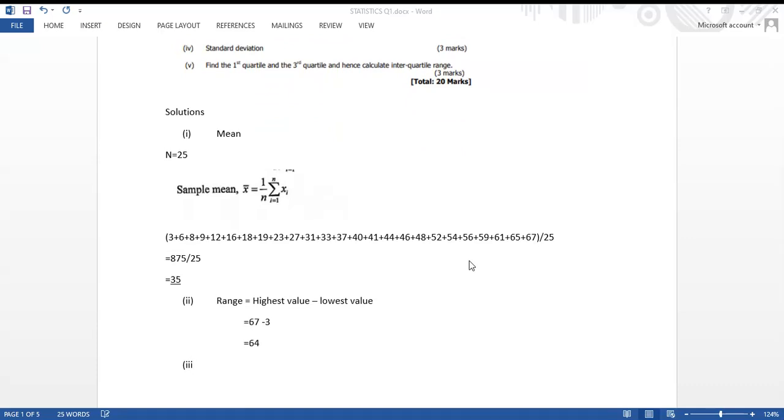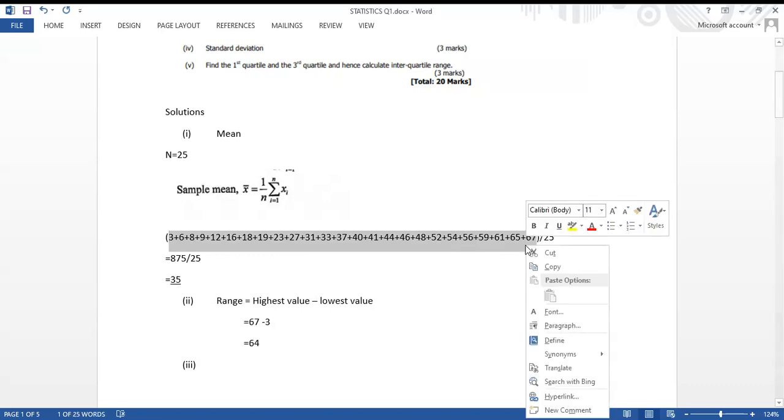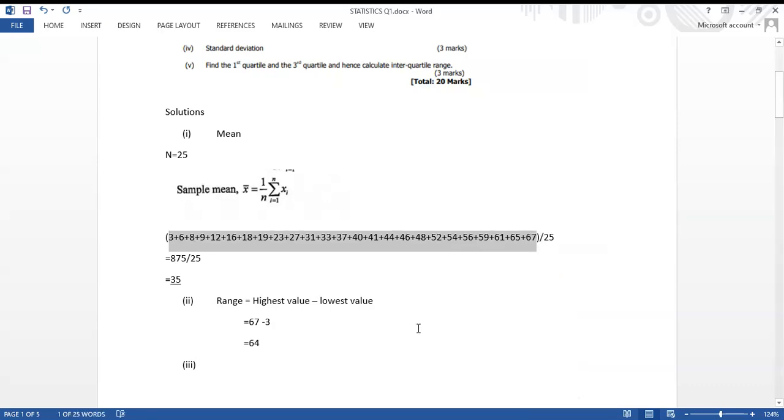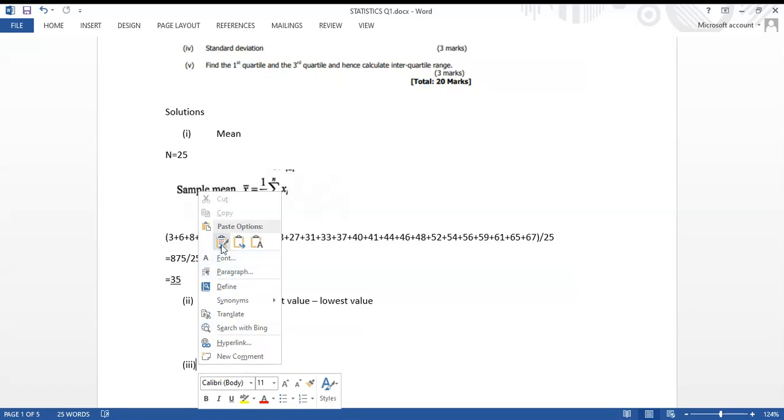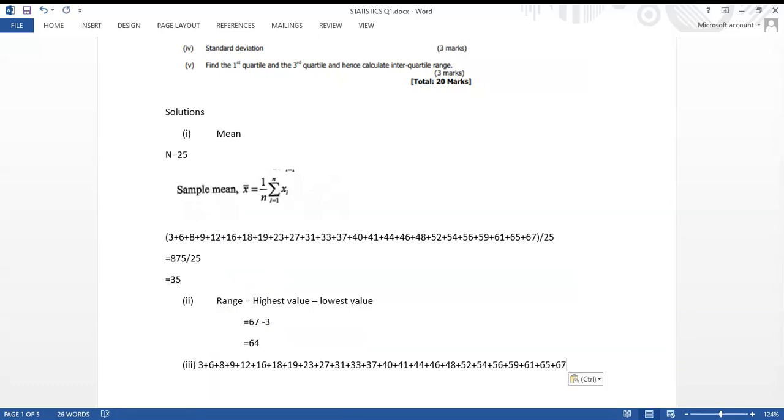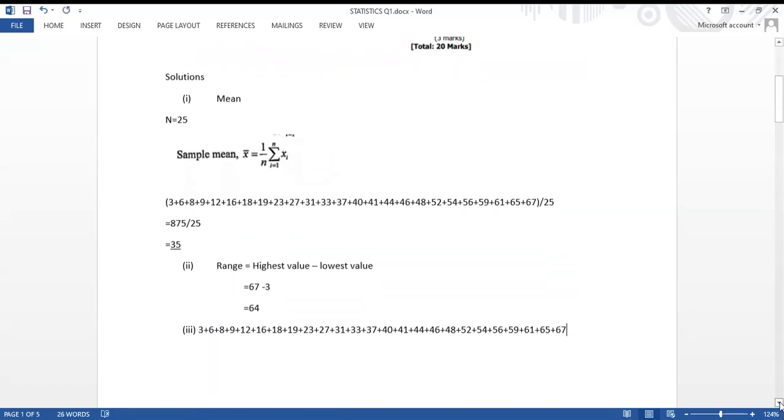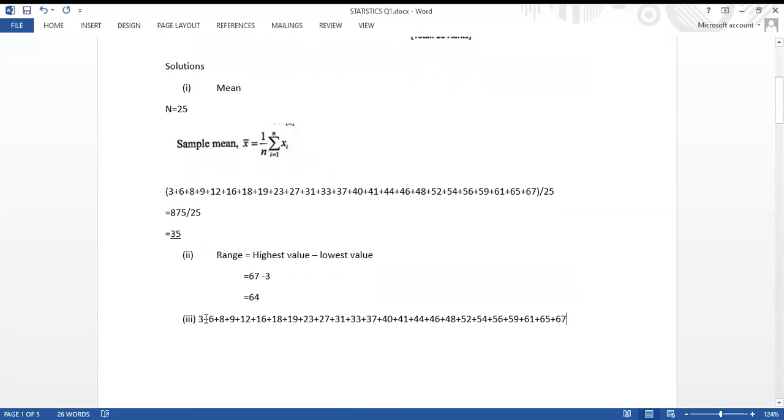That is the range. The next is we have to find our median. There are many ways we can locate the median. So let's use the 50th percentile to locate our median.